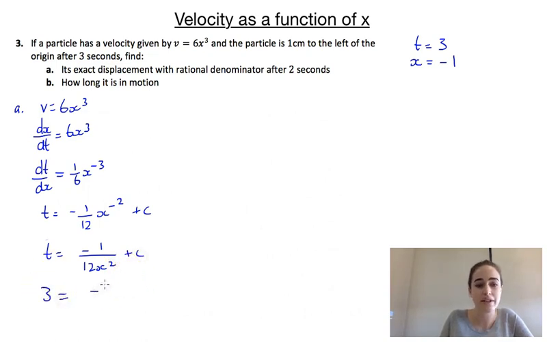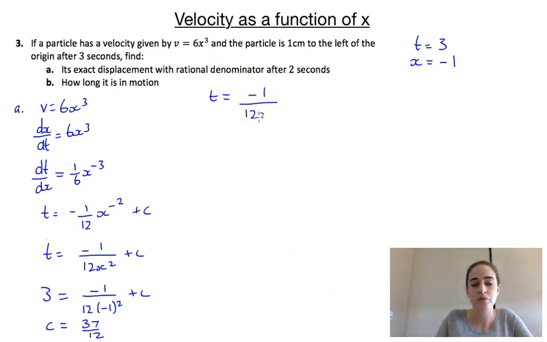So then if I sub in, we can rearrange that to figure out that c is going to be equal to 37 over 12. So that then gives me t is equal to minus 1 over 12x squared plus 37 over 12.